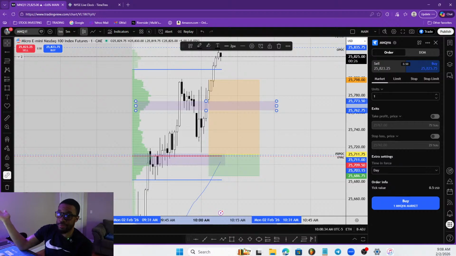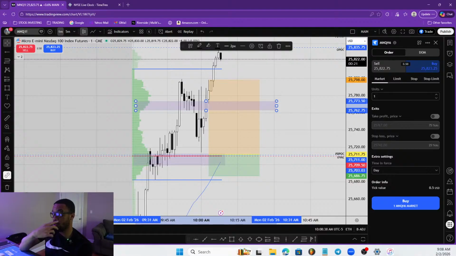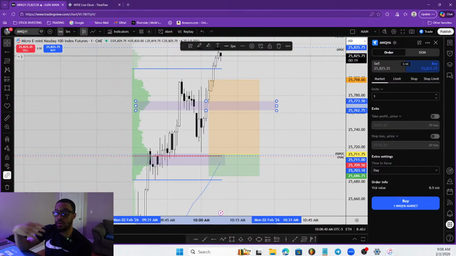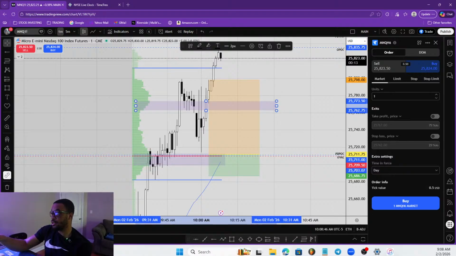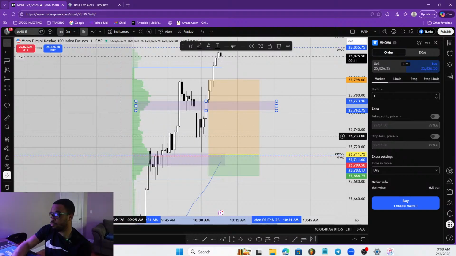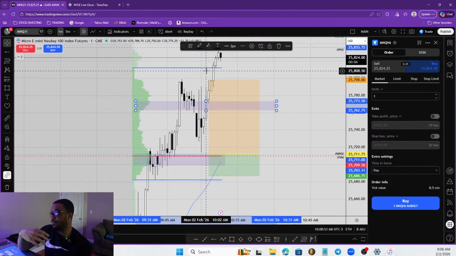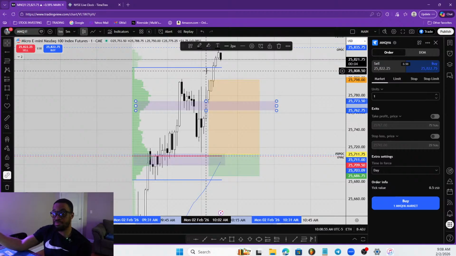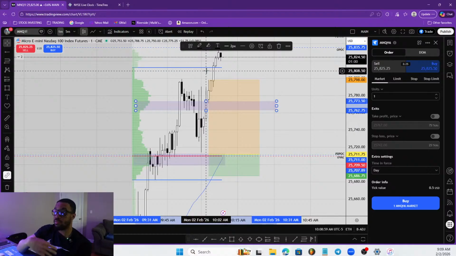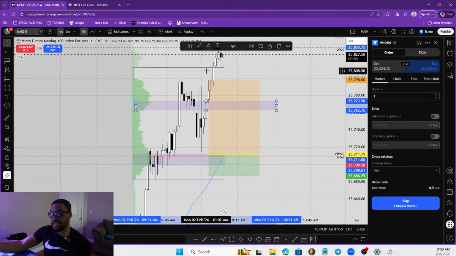So I just wanted to start learning about volume profile and auction market theory, seeing who's moving these markets up, who's moving these markets down, and how many orders are actually being placed within these particular areas. Is the market in a balanced condition? Is the market in an imbalanced condition?